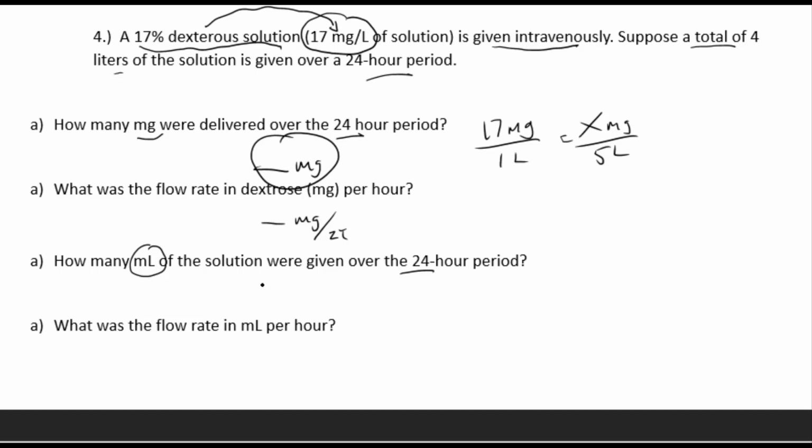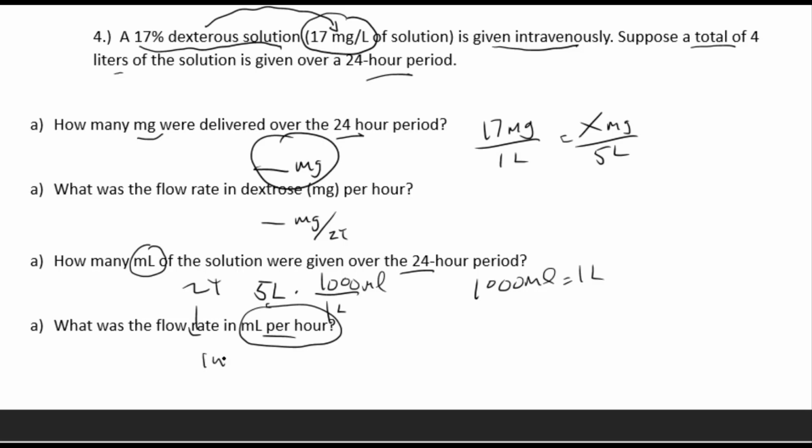Well, you were given 5 liters, and there is 1,000 milliliters in 1 liter. So you can use dimensional analysis here, right? What goes on the bottom? What goes on the top? And the flow rate in milliliters per hour is, this is 24 hours and this is 1 hour. So it's the same as up here.